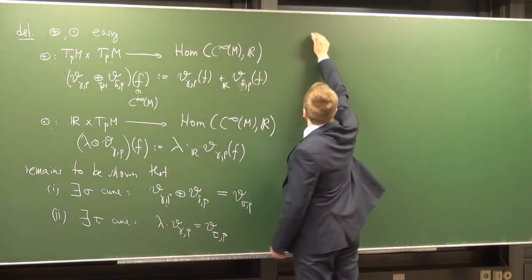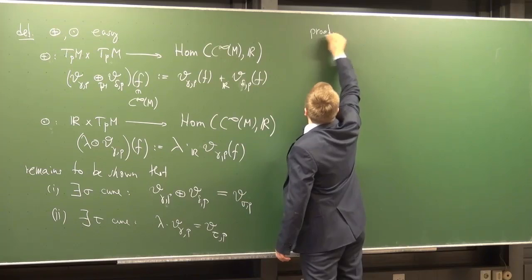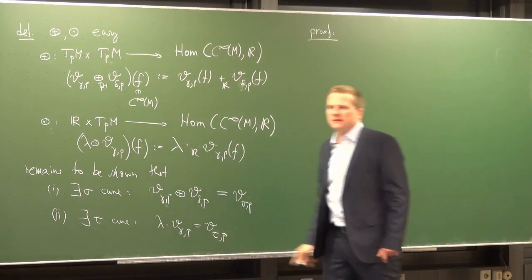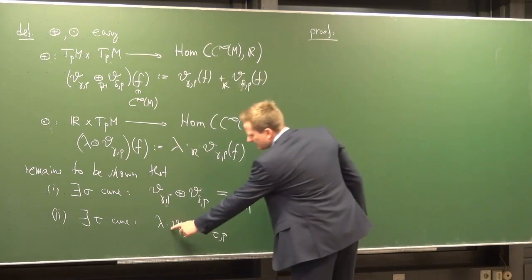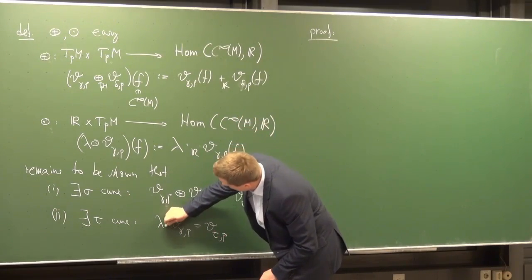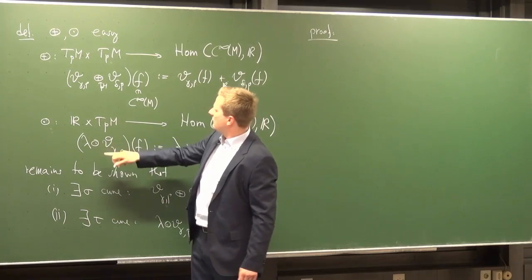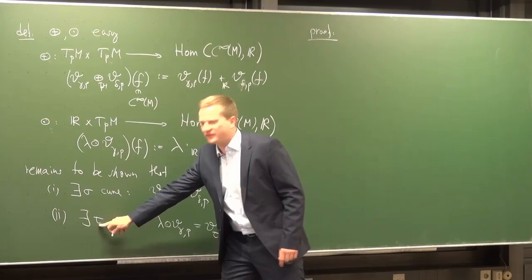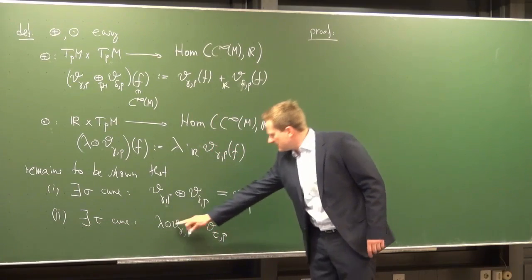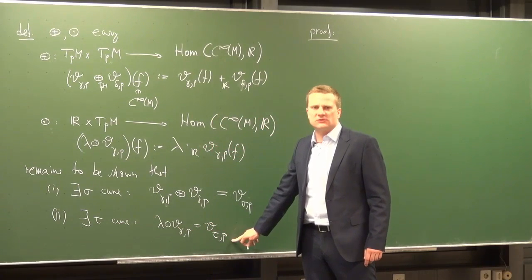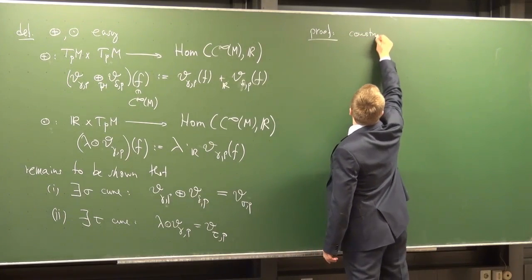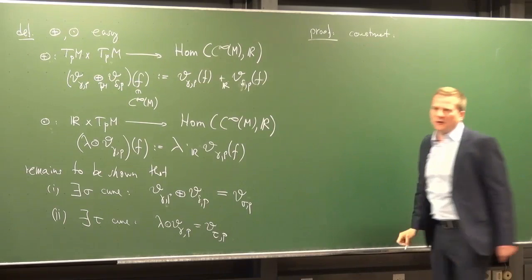So the remaining proof focuses, or can focus on this. Let's start with this first case, right? We have this v_γ,p, and we do the scalar multiplication we defined right here. Okay? I need to find a curve τ such that the result is the velocity of this curve τ. Okay? I construct this curve. You can say, how do you construct this?